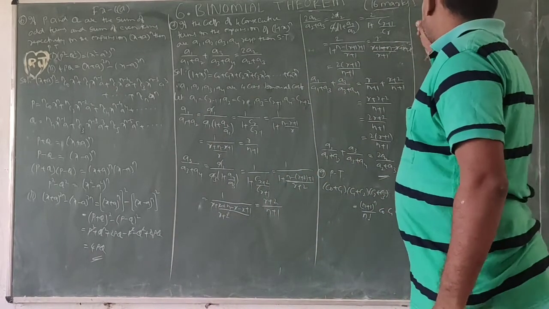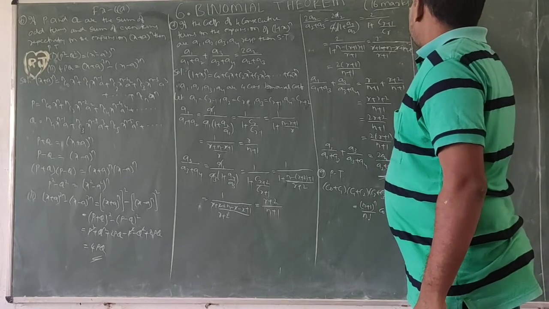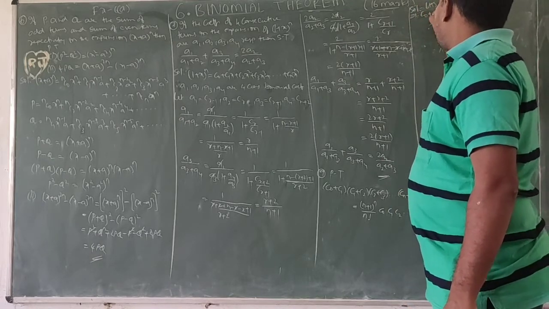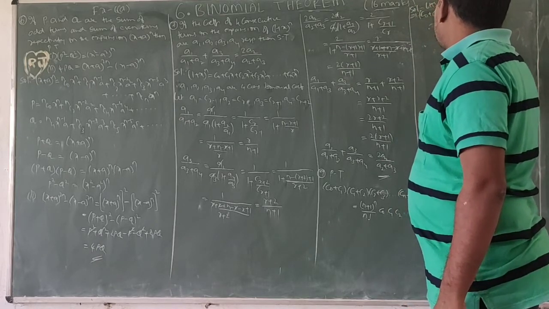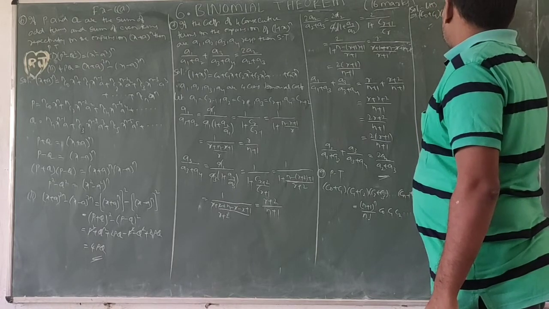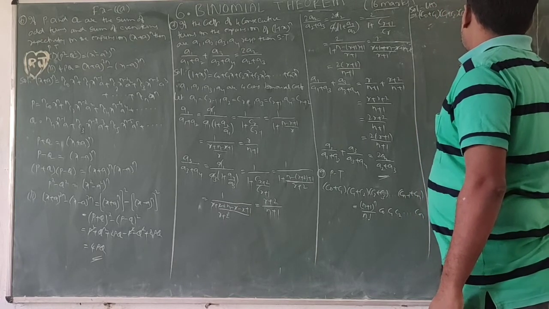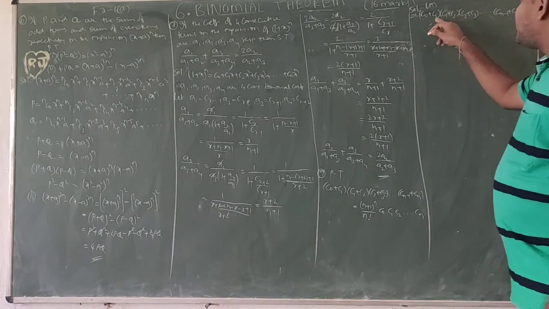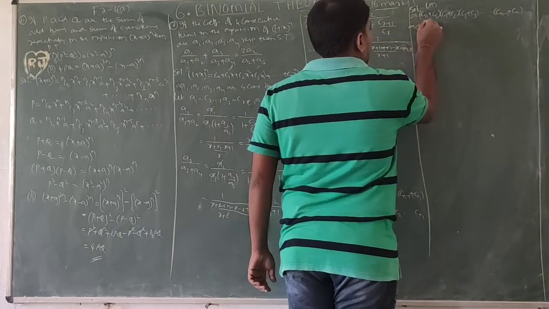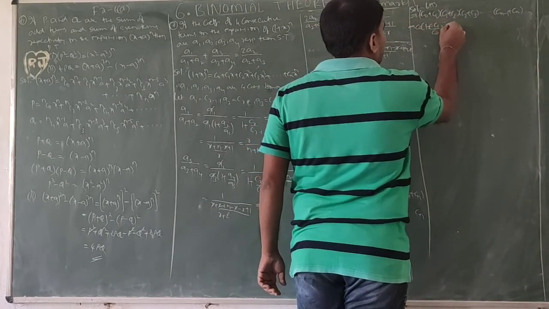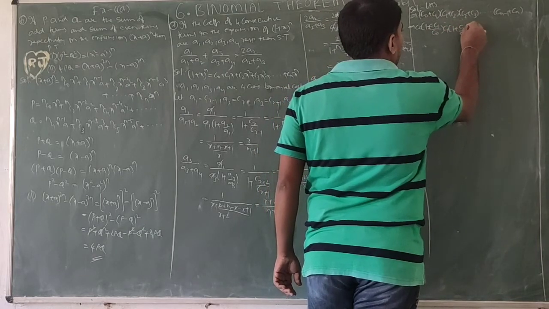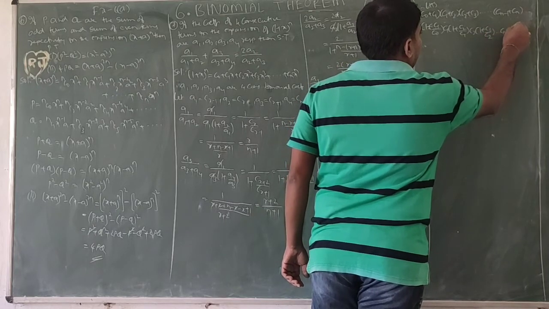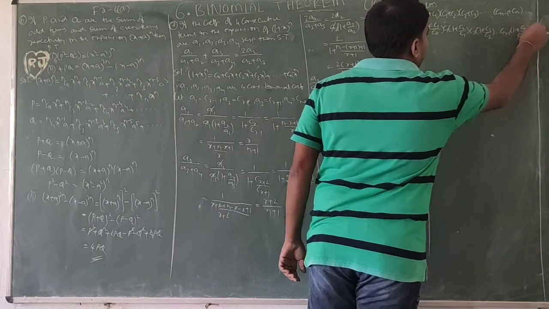Okay, so I am taking solution. LHS: C0 plus C1, C1 plus C2, C2 plus C3, up to so on Cn minus 1 plus Cn. In this, C0 common 1 plus C1 by C0, C1 common 1 plus C2 by C1, C2 common 1 plus C3 by C2, Cn minus 1 common 1 plus Cn by Cn minus 1.